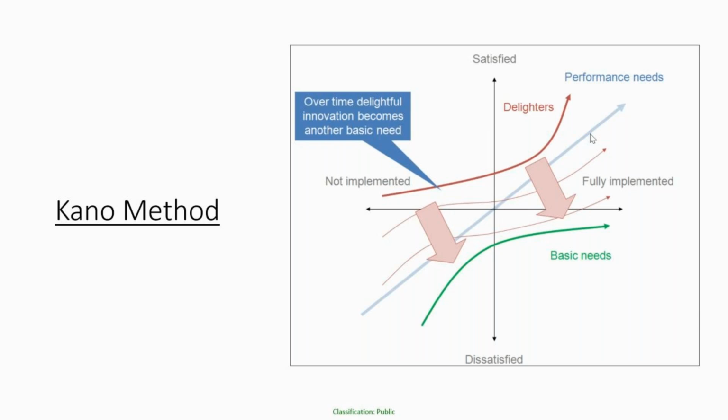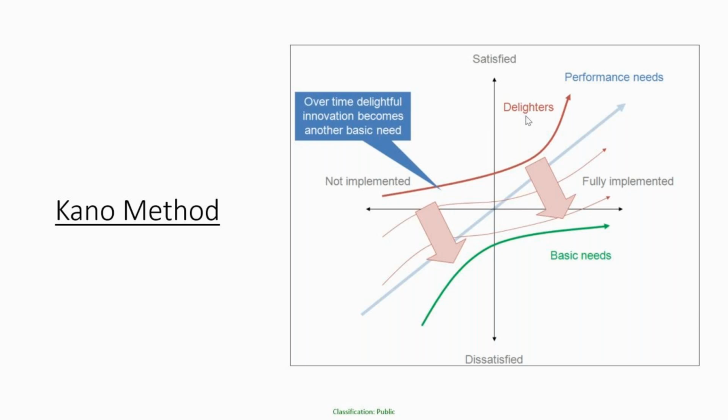Just before the order is finalized, you say you have unlocked a special feature wherein you get 20% off on your final order, which was completely unexpected for the customer. That is an excitement need, or as it's mentioned here, delighters. These are the sort of requirements which are delighters, excitement needs.